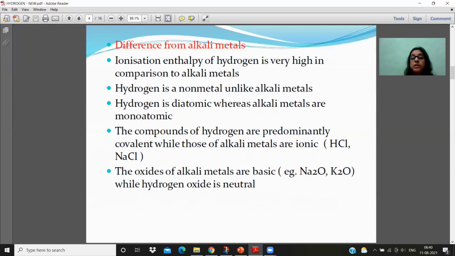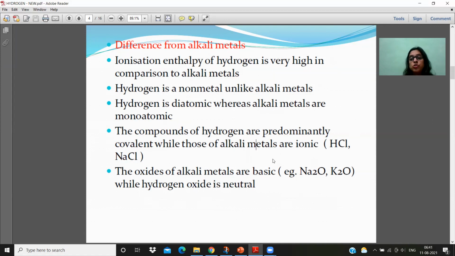Hydrogen is diatomic, whereas alkali metals, all of them like lithium, sodium, potassium, rubidium, cesium, exist as monoatomic. Compounds of hydrogen are usually covalent, whereas alkali metals form ionic compounds like NaCl, NaBr, lithium fluoride, potassium chloride, potassium bromide, but HCl shows a covalent nature.